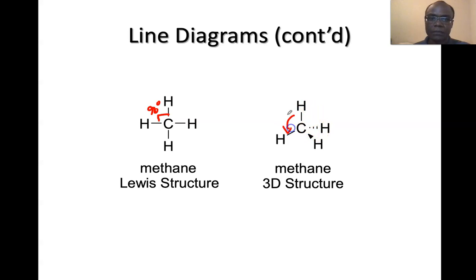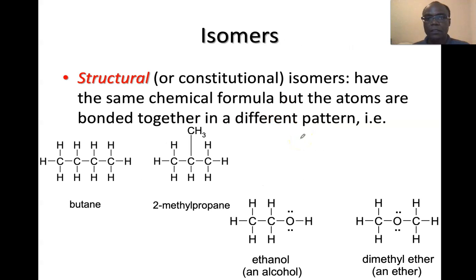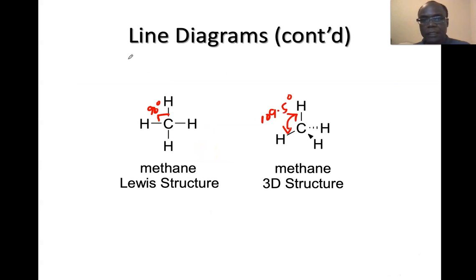So the bond angle happens to be 109.5. Of course, the carbon has 4 electron domains, is sp3 hybridized and tetrahedral. Next time we'll talk about isomers and acids and bases.